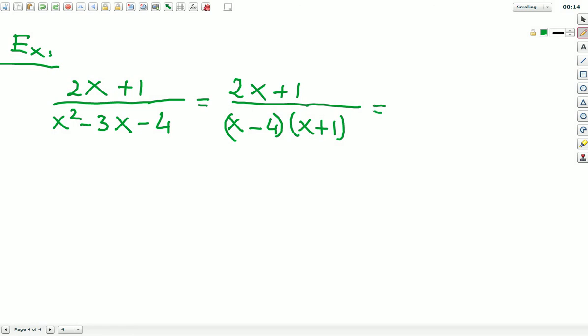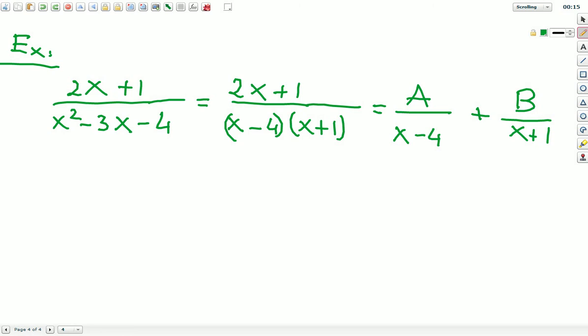Okay, so now let's try to use the partial fraction decomposition on this particular rational function. So the idea is the following. We want to find constants A and B such that A over x minus 4 plus some number B over x plus 1 will have the property that when I add these two fractions together, I end up with the fraction that I started out with, namely 2x plus 1 over x minus 4 times x plus 1.